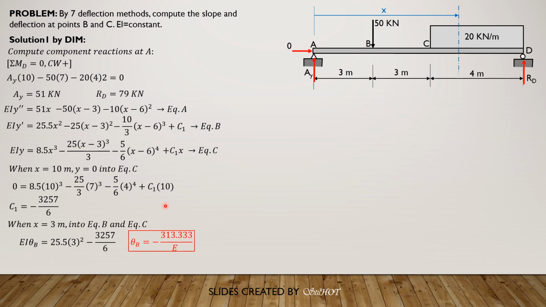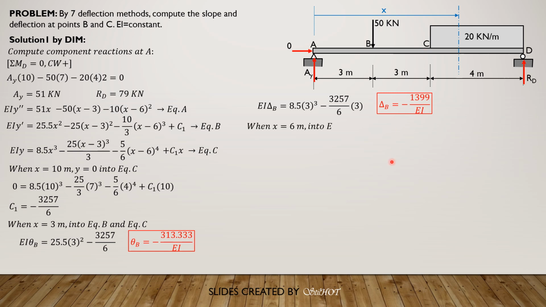So theta B is equal to negative 313.33 over EI, in decimal and in 3 decimal places. Then into equation C, EI delta B equals 8.5 times 3 cubed, 0 ignored, minus 3257 over 6 times 3. So delta B is equal to negative 1399 over EI. Obviously it is negative, it is below the x-axis, the deflection at B.